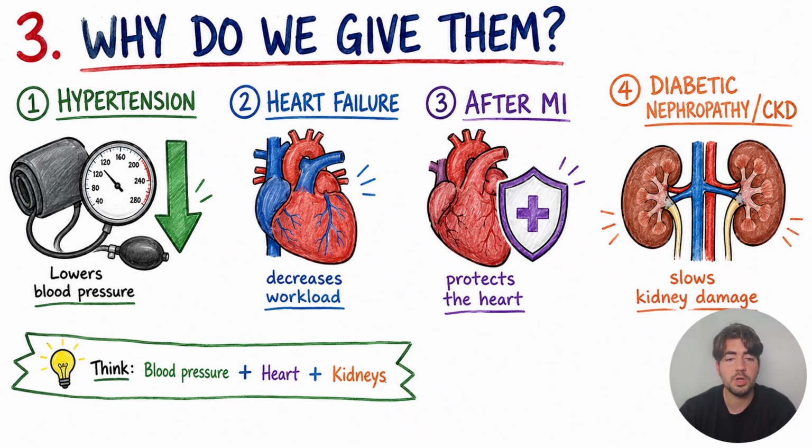They're also commonly used in patients with diabetes or chronic kidney disease with albuminuria because they can reduce pressure inside the kidneys and slow the kidney damage. So just think blood pressure, help the kidney and help the heart.